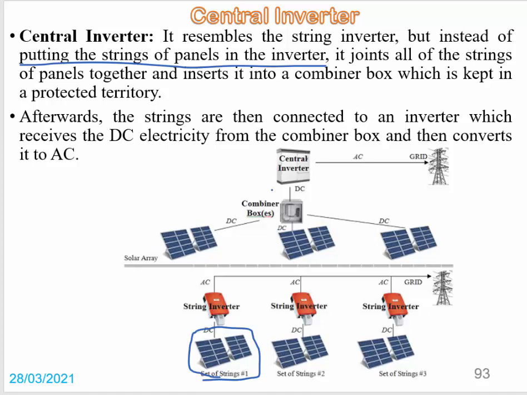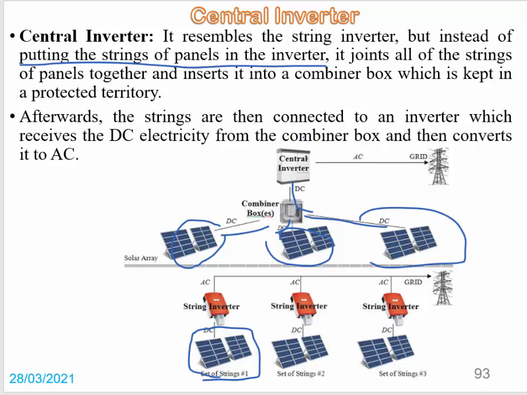But in the central inverter, before we connect the panels to the inverter, we use a combiner box. So all the strings of panels are connected to the combiner box first, joined together in the combiner box. And after the combiner box, they connect to the central, or one big, inverter.